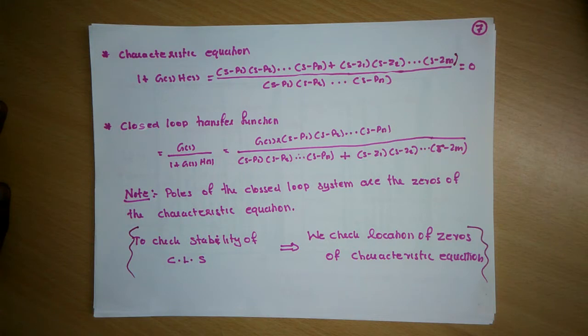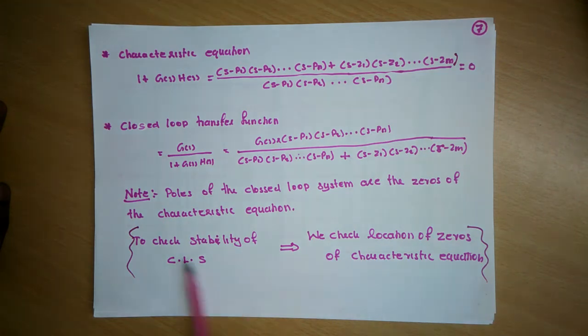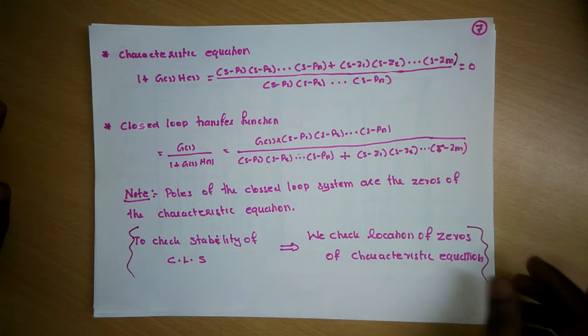If the poles of the closed loop transfer function are on the right half of the S-plane, then the system is going to be unstable. So, instead of looking for the location of closed loop poles, I will be looking for the location of the zeros of the characteristic equation. That is very important.